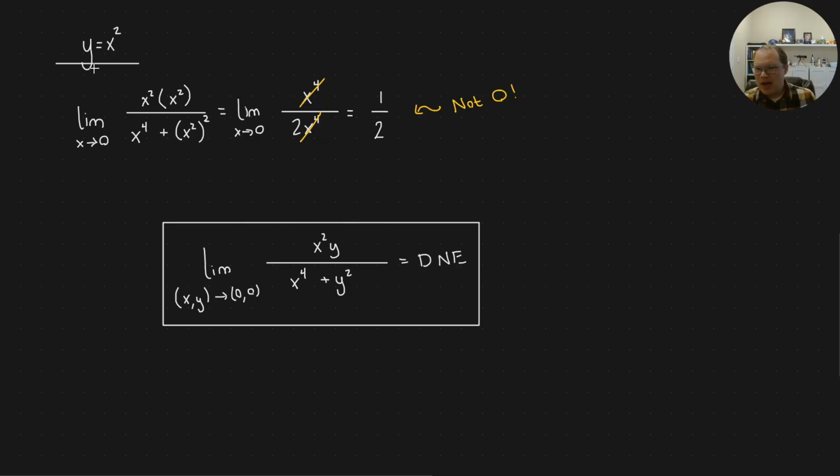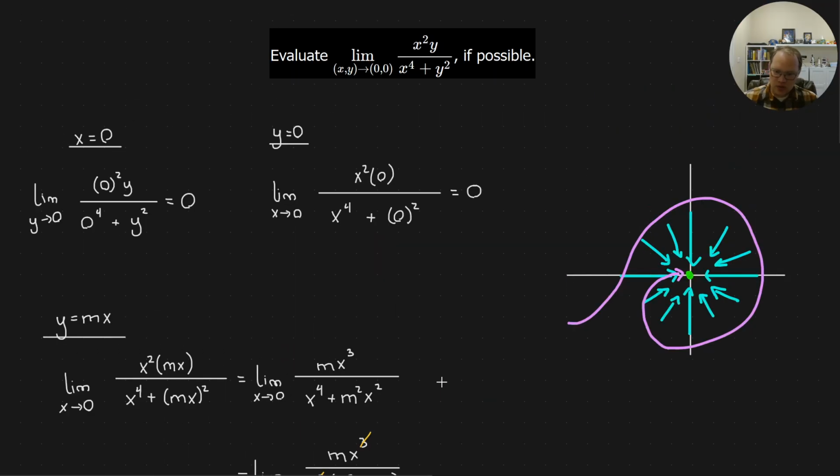Now, how did I know to plug in y equals x squared? Well, it's because I carefully chose this example so that we get something that wasn't 0 when we approach along that path. I do not expect you in this class to look at this and immediately go, oh, I know what the problem is. If we approach along y equals x squared, that's going to give us some other value.